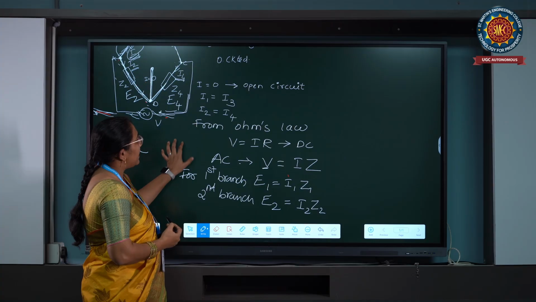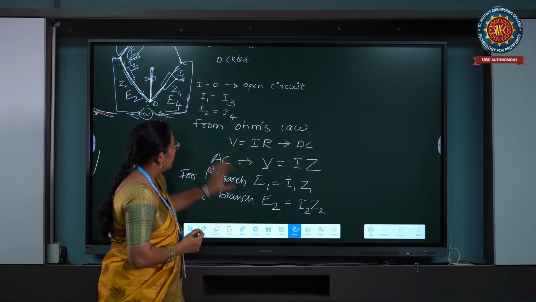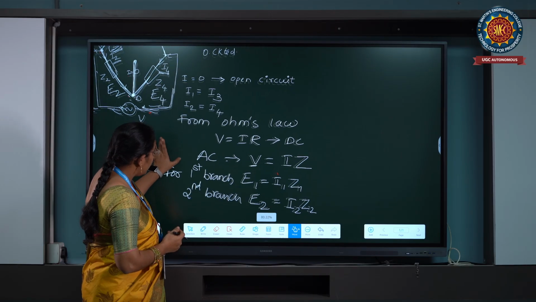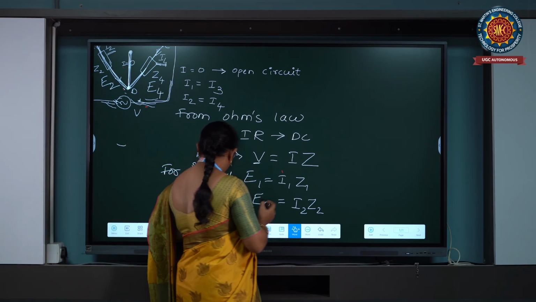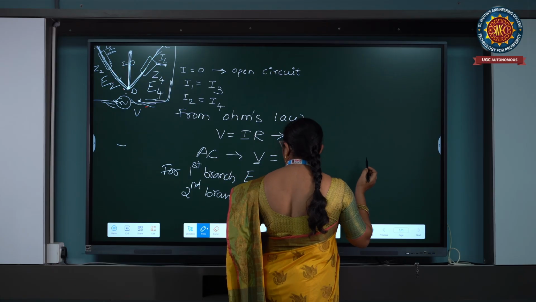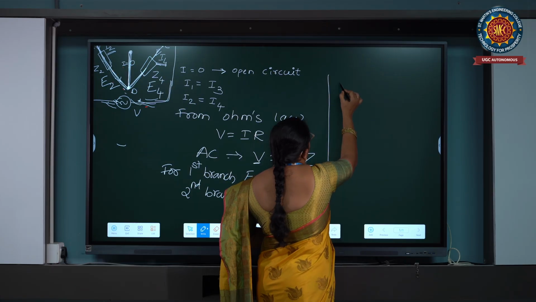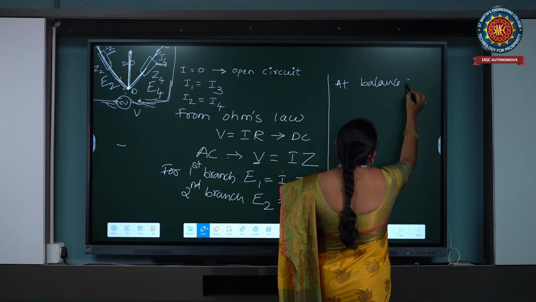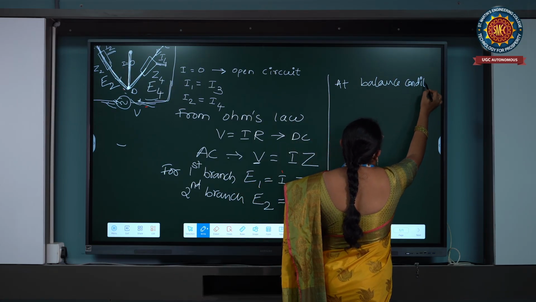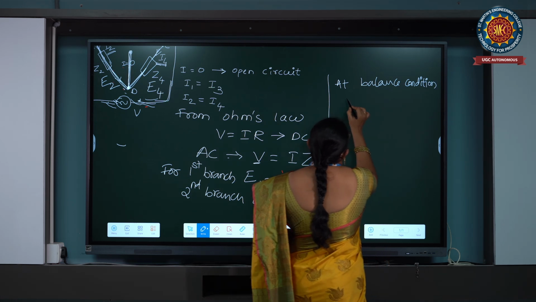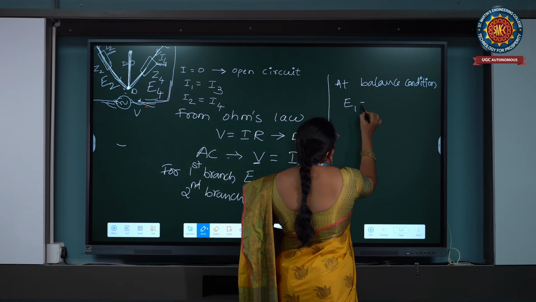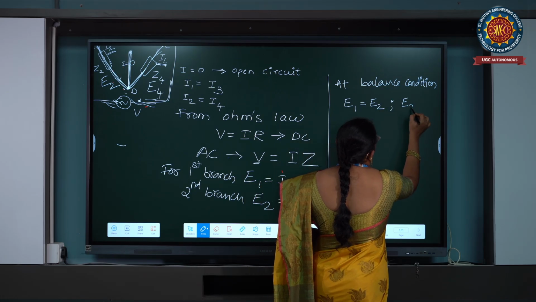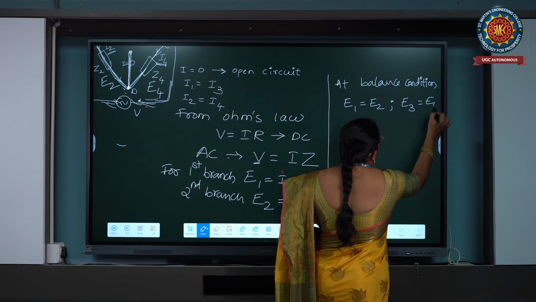So at balance condition, we know that E1 is equals to E2 and E3 equals to E4.